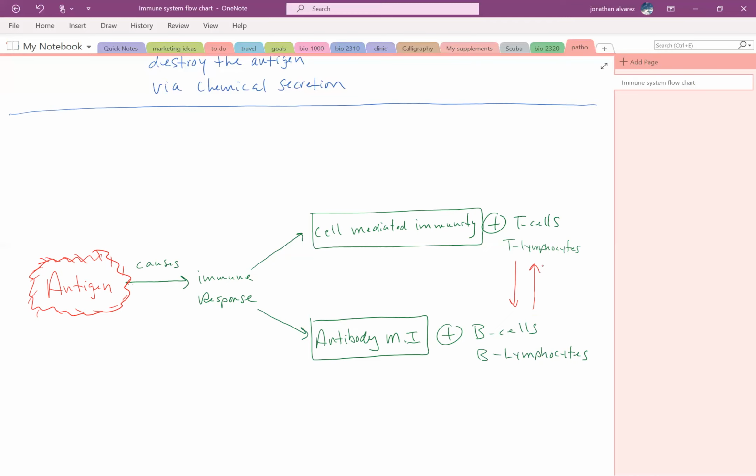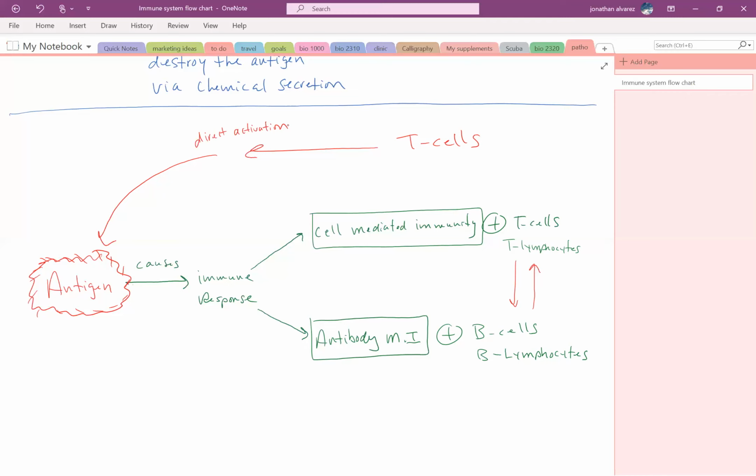When a T cell is active, it is going to destroy the antigen by what's known as direct activation. I'll tell you my analogy in a second.